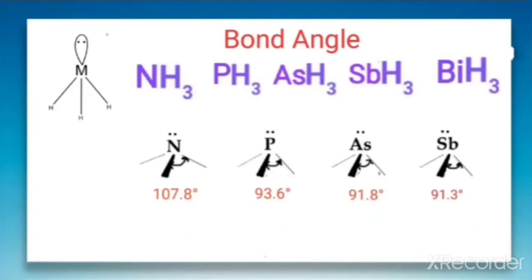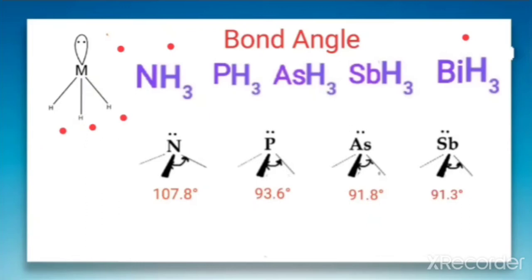Because in all these hydrides, the central atom is surrounded by 4 electron pairs, that is 3 bond pairs and 1 lone pair.